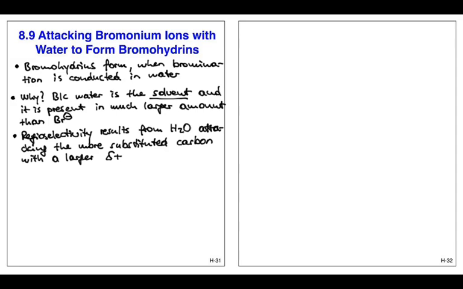And why does the nucleophile, the water, go to the more substituted carbon? Because like in every Markovnikov addition, the partial carbocation is more stable on the more substituted carbon. That's just carbocation stability. Let's look at an example.